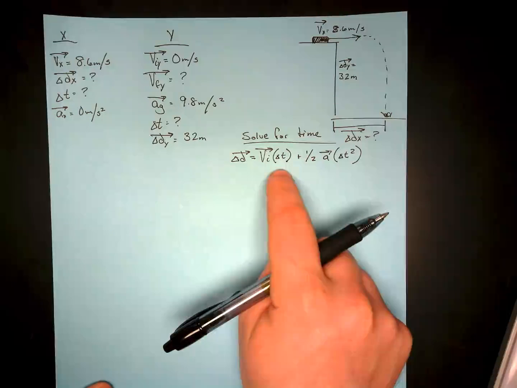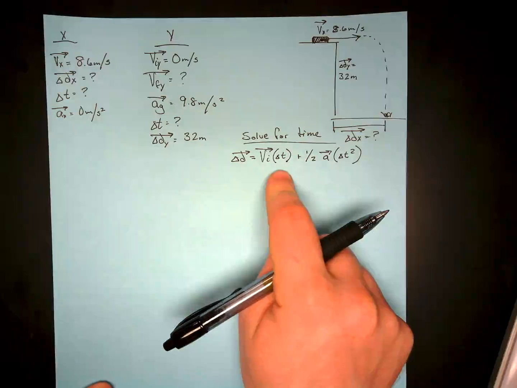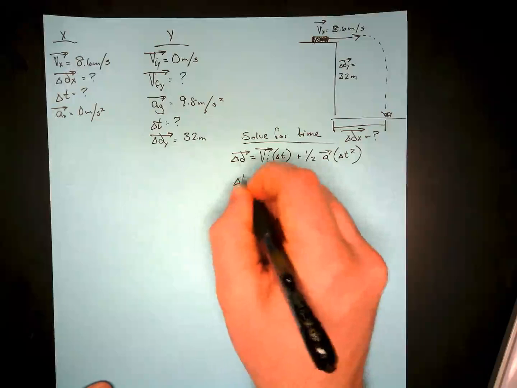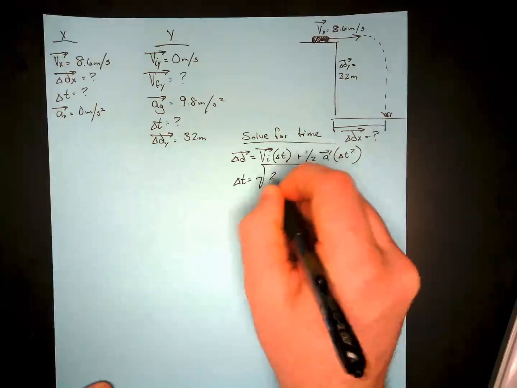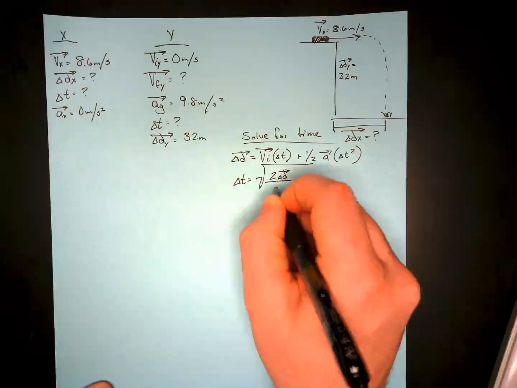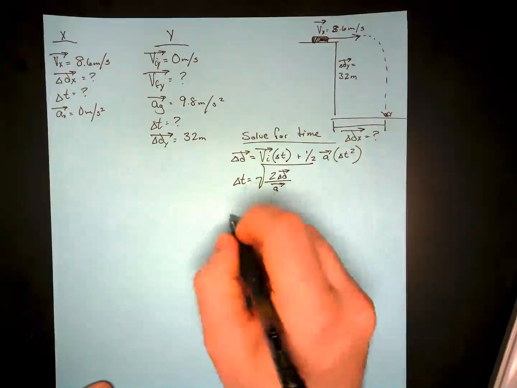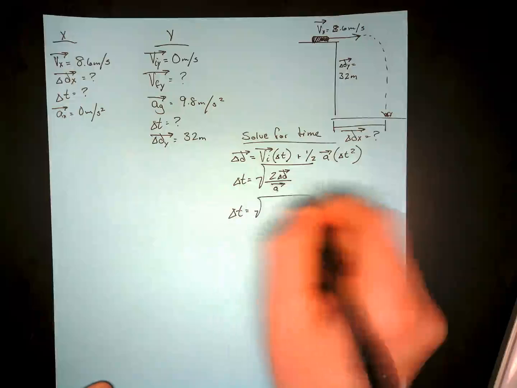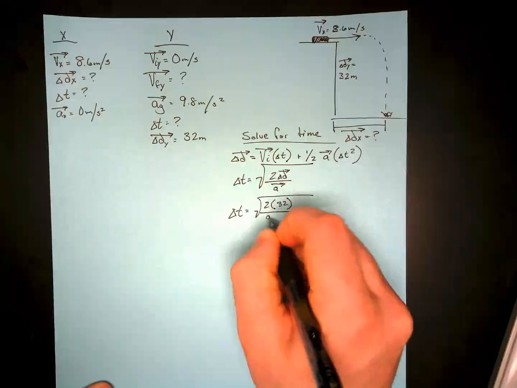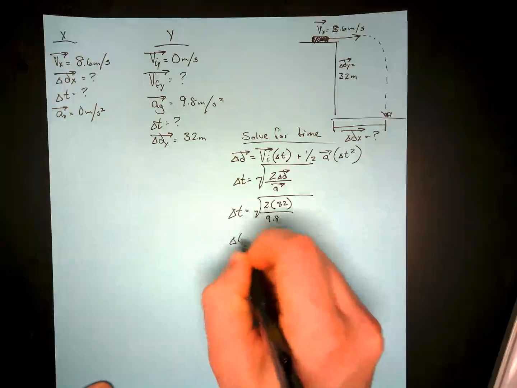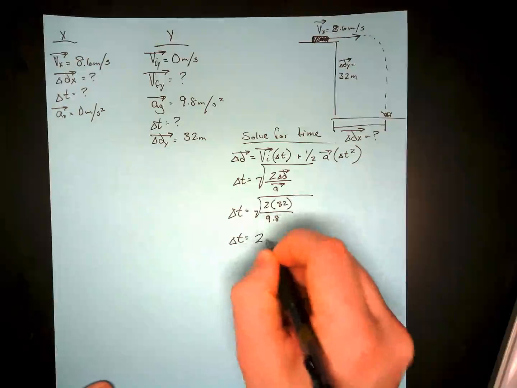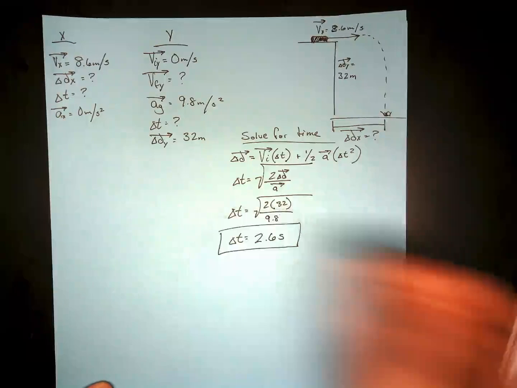Yeah, this is kinematic equation number 2. To solve for time, it's going to be the square root of 2 times d over acceleration, so 2 times 32, all over 9.8. And what that should give us is 2.6 seconds.